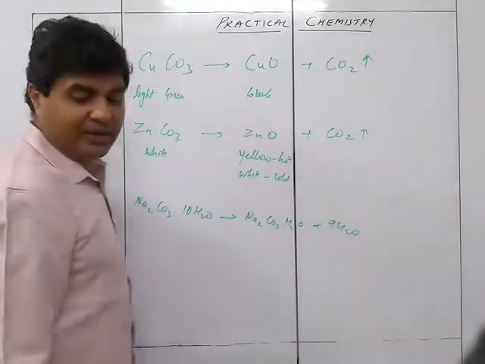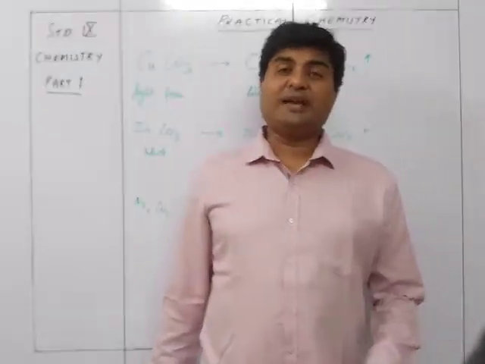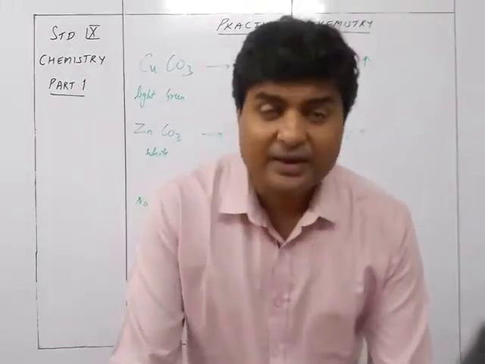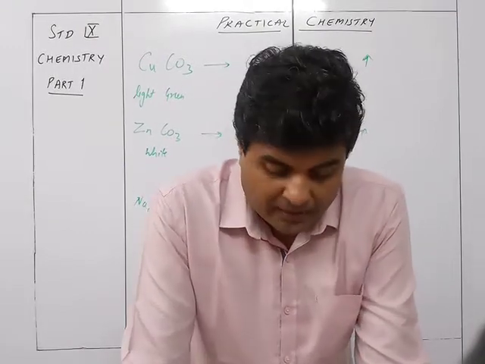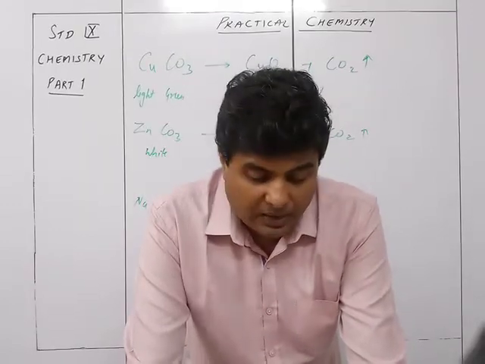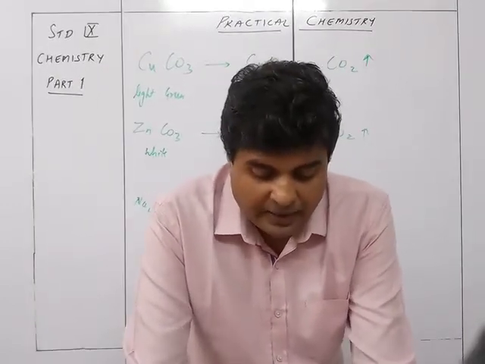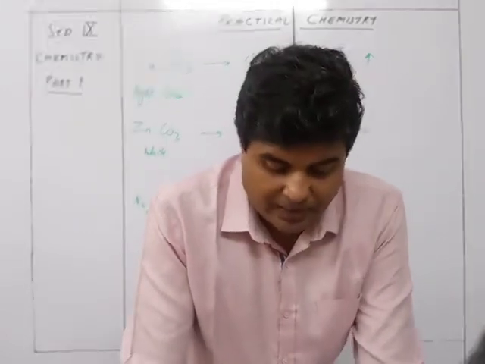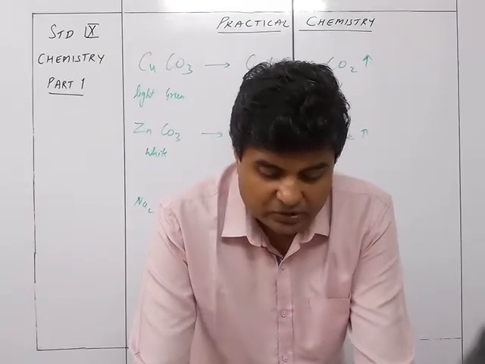So that is the only thing that is going to happen over here, that the washing soda's water of crystallization is going to be lost. So what will happen is that the original color is white and the white color will remain on heating, and water vapor will be formed, which is a colorless liquid, neutral to litmus, and turns cobalt chloride paper from blue to pink. The residue is white sodium carbonate, and the white powder is washing soda. So that is for washing soda.